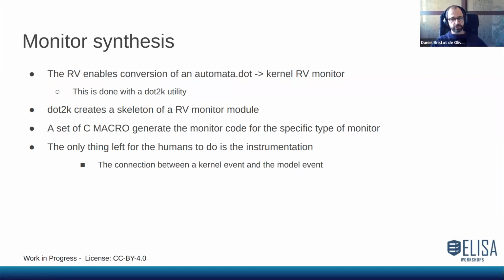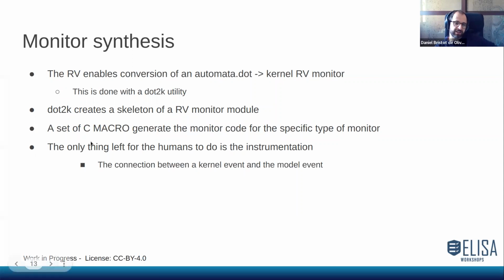And there is one utility that I added on the patchset, hopefully one day in the kernel. This utility creates a skeleton of an RV monitor module. There is also a set of C macros that resembles the tracepoint constructions on purpose, that generates the monitor code based on some information I give about this monitor.